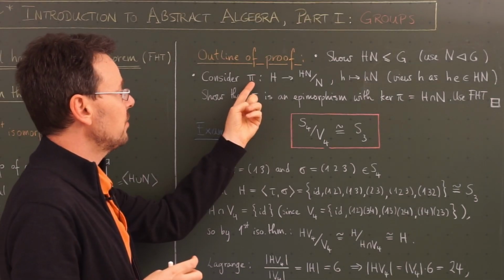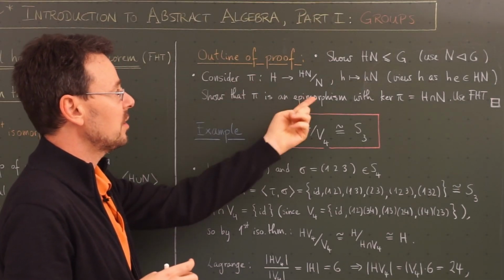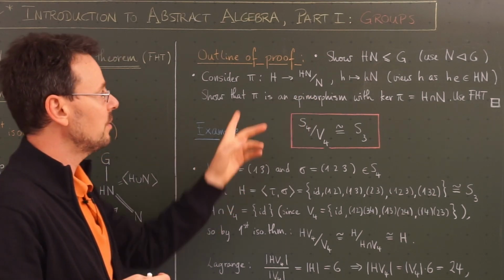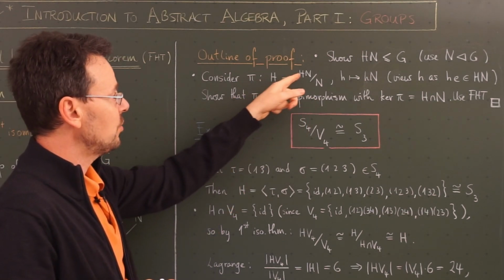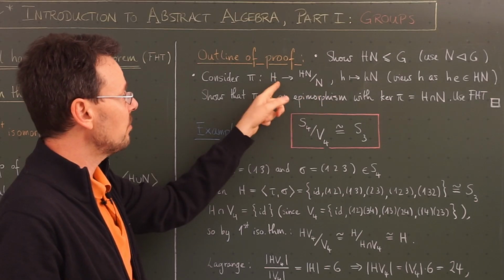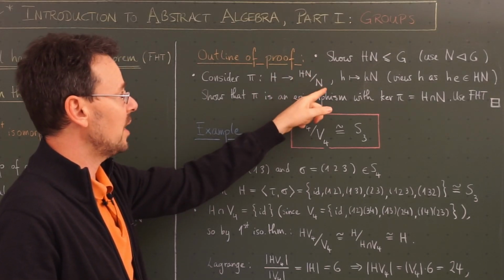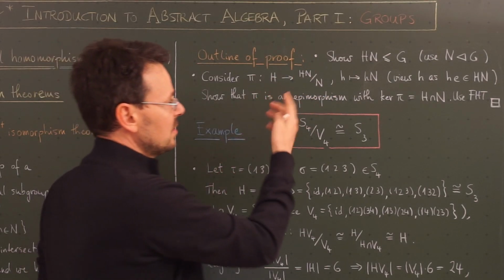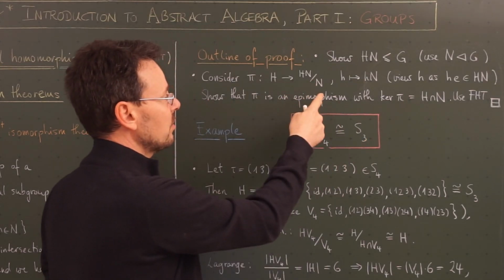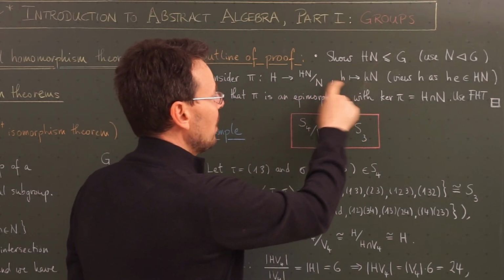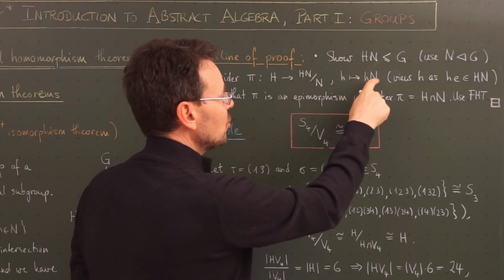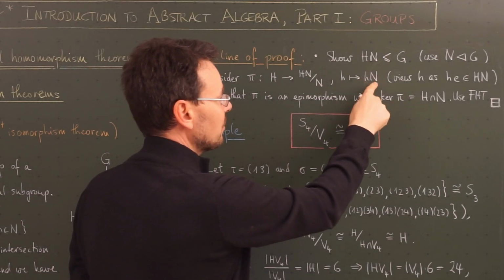Now we're considering almost the canonical projection. I'm a bit sloppy here. We're not going from H to H mod N, but from H to HN mod N. In the following sense, is this almost the same as the canonical projection? We map h to hN, the left coset.